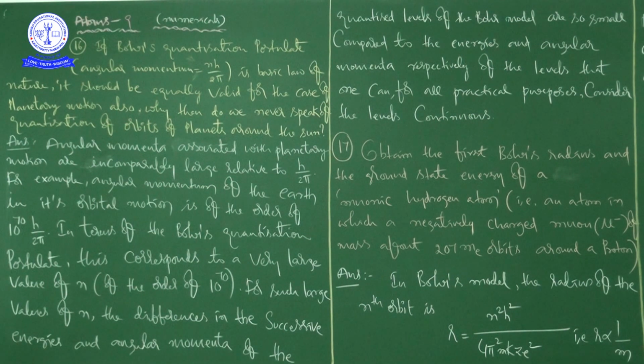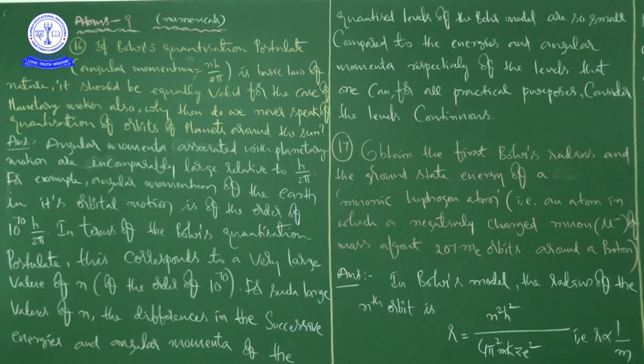See here, Bohr's quantization postulate, that's very well, mvr is equal to n into h by 2 pi. So mvr is the angular momentum. It is the third postulate, and an important postulate also because it is talking about the angular momentum of the electron.